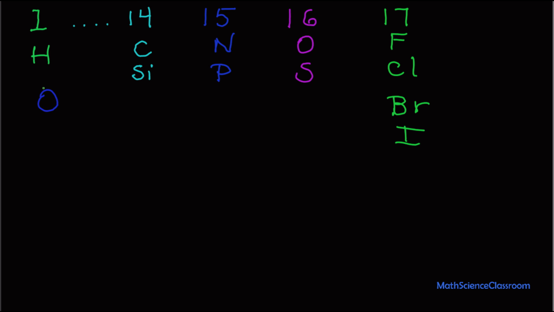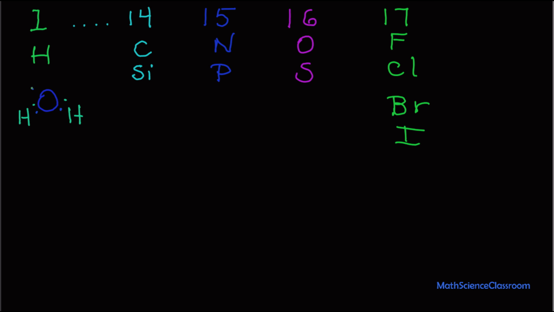So if we have a hydrogen and we have another hydrogen bonding to oxygen, each hydrogen provides one electron, and the oxygen provides an electron for those bonds.